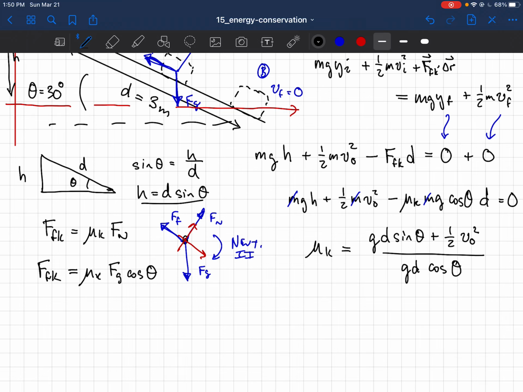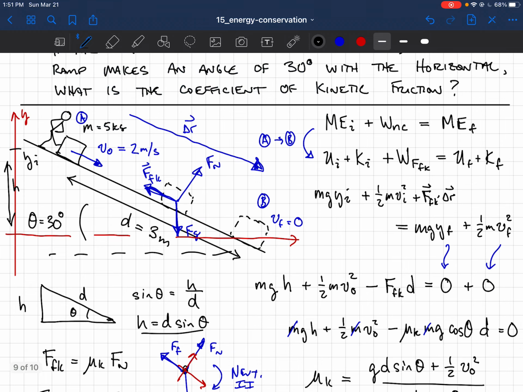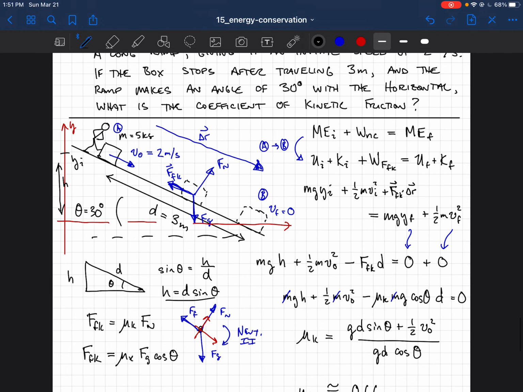And then we divide by 9.8 times d, 3 meters, times cosine of the angle. And we find that mu k is equal to 0.66 approximately. That's our coefficient of kinetic friction.